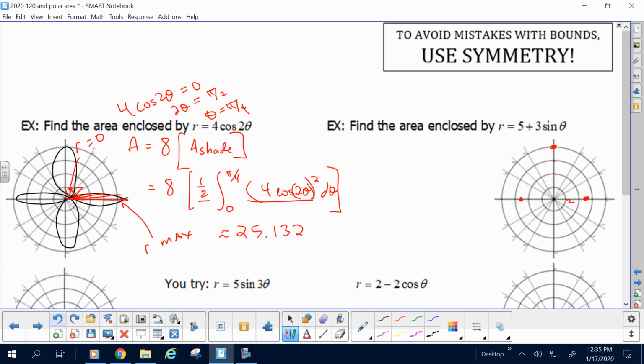And at 3 pi over 2, what is r? 2. Okay. So if you draw a little dimple-y kind of shape, then there, yeah?